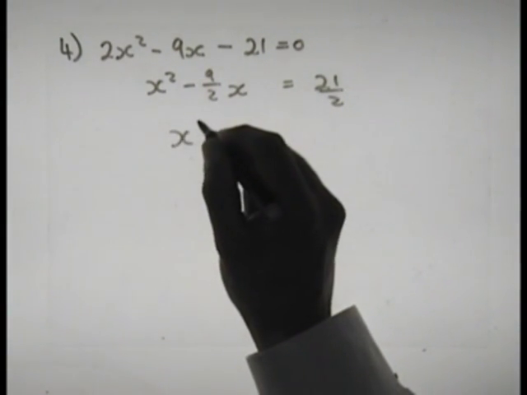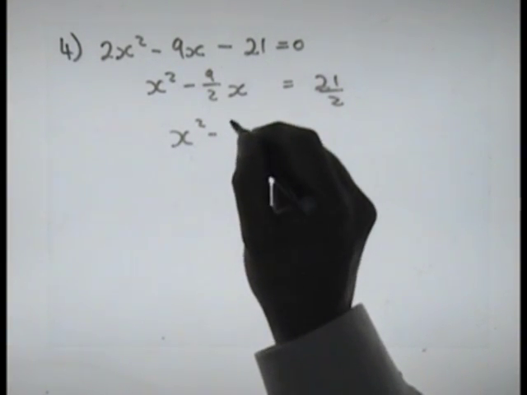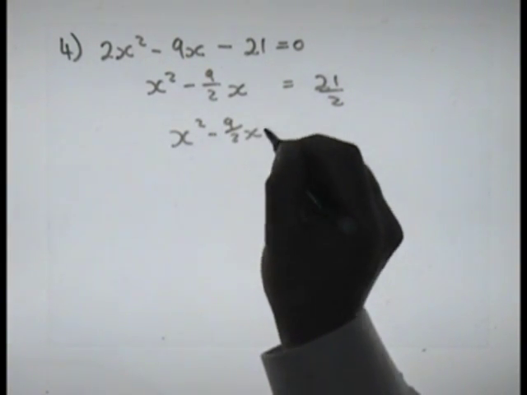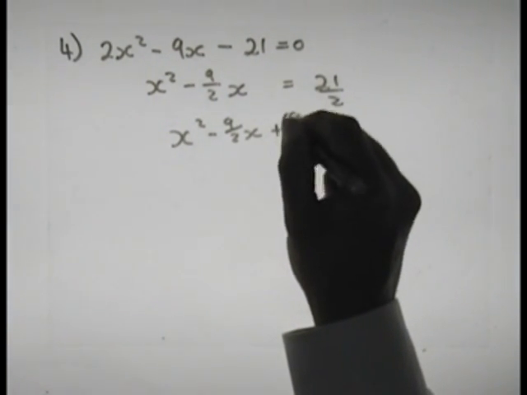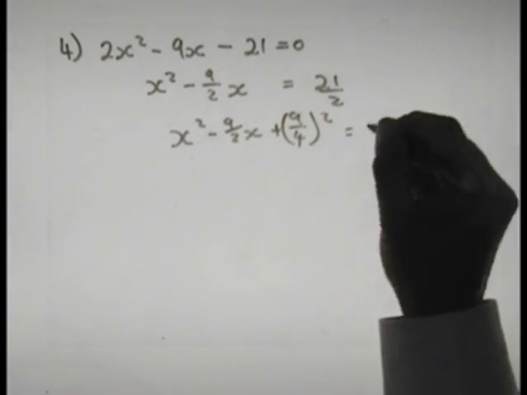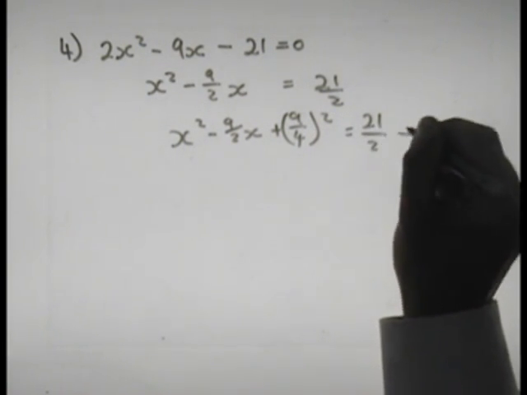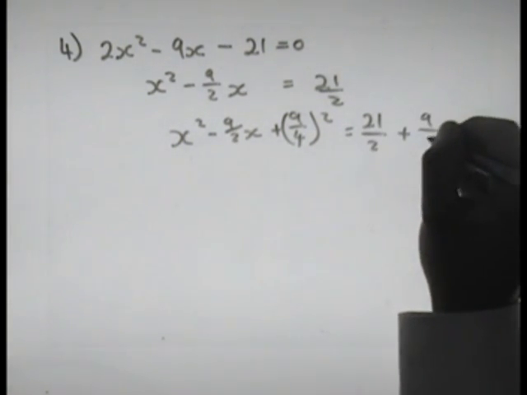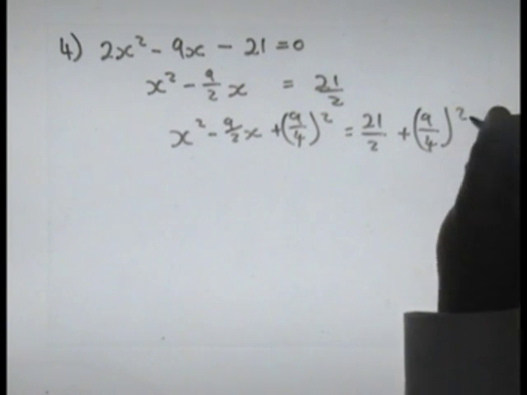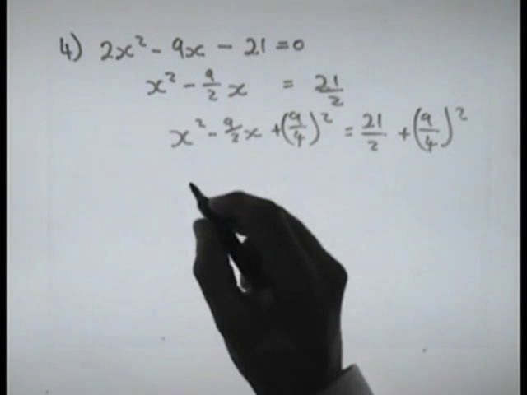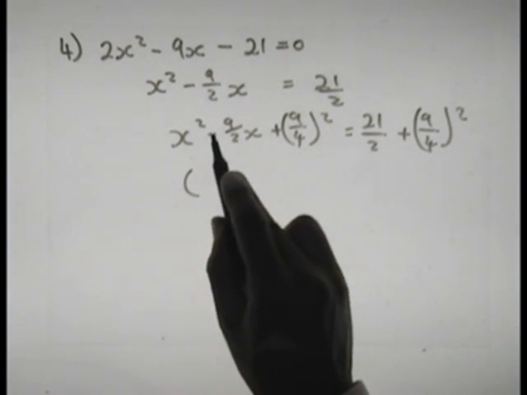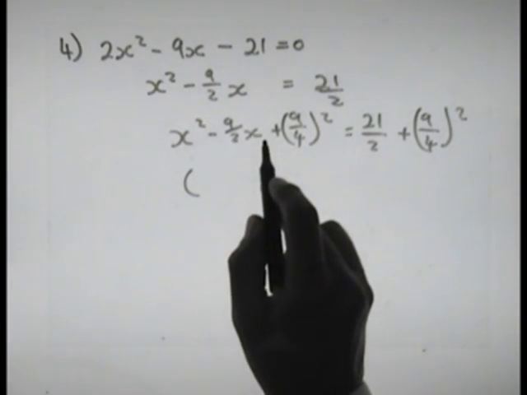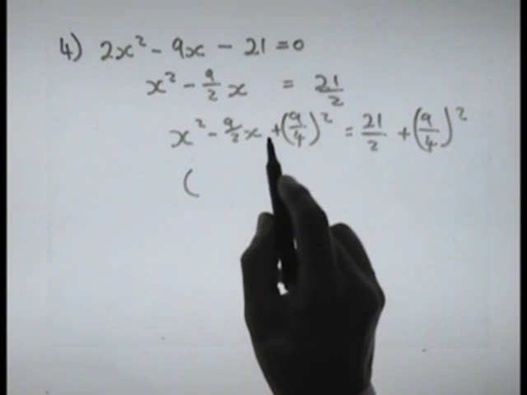This will become x squared minus 9 over 2x plus (9 over 4) squared is equal to 21 over 2 plus (9 over 4) squared. Now the previous examples have all been plus bx. This one is minus bx.